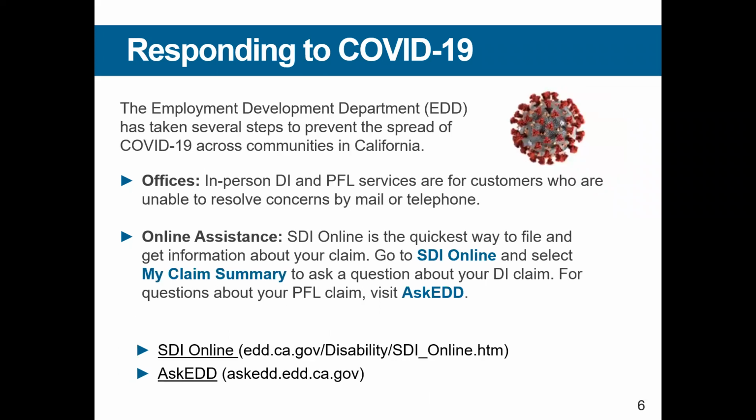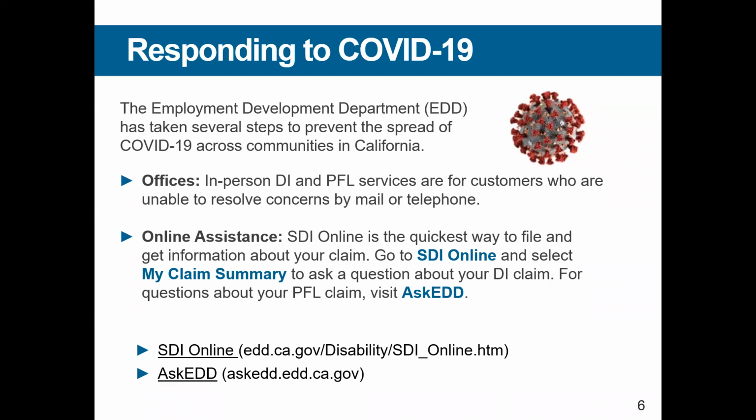So EDD has taken steps to prevent the spread of COVID-19 across communities in California. Public counters and in-person services for DI and PFL are available for customers who are unable to resolve concerns either by phone or by mail. SDI Online is the fastest way your employee can file and get information about their claim.